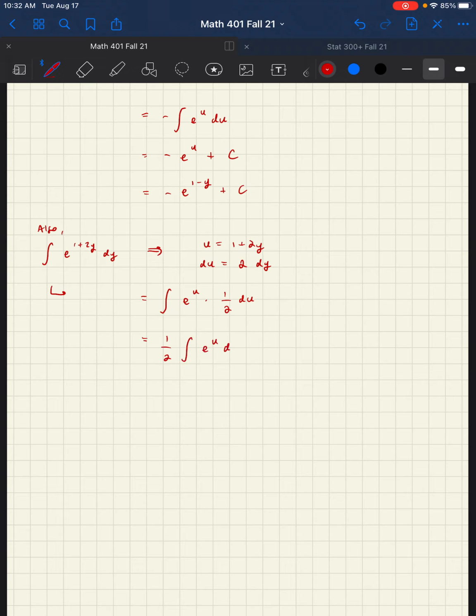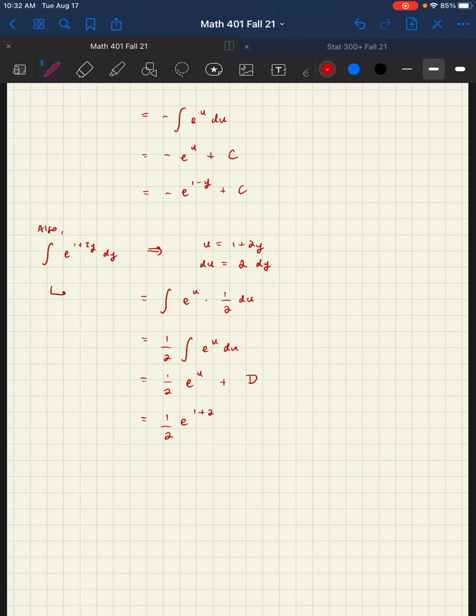And so this becomes 1/2 integral of e to the u du, which will be 1/2 e to the u plus, call that some other constant, capital D. And then you just plug the u back in.